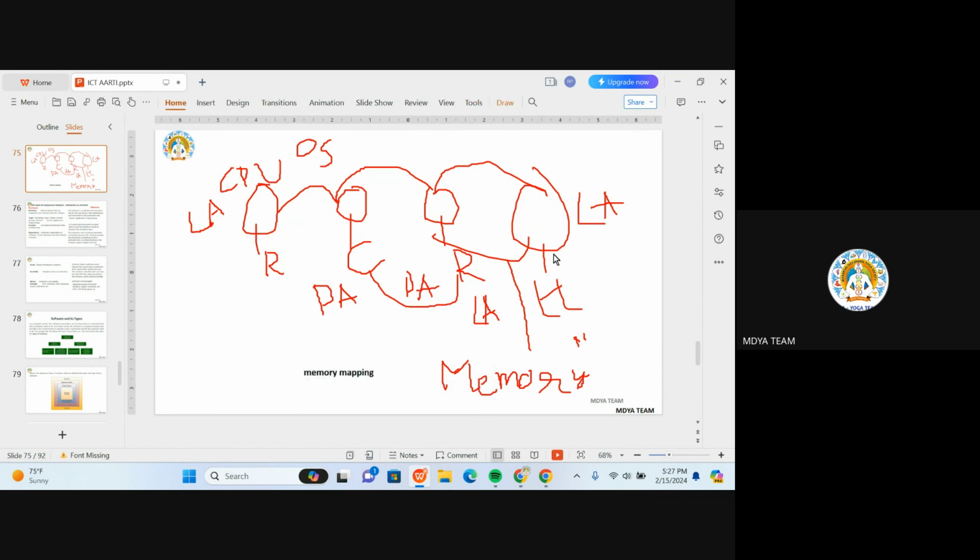When the data is going from one device to another, that process is called memory mapping.